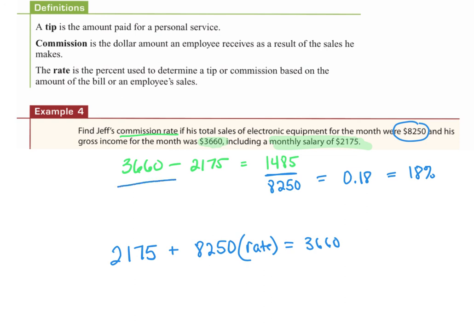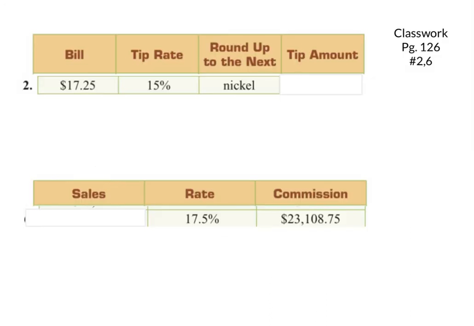I think it's easier to find the commission amount first. You would subtract and then divide. I think it's easier to find the commission amount just by subtracting when they give you this, and then doing your comparison. Your commission rate is always your commission amount compared to your sales. That's how you get your commission percentage.